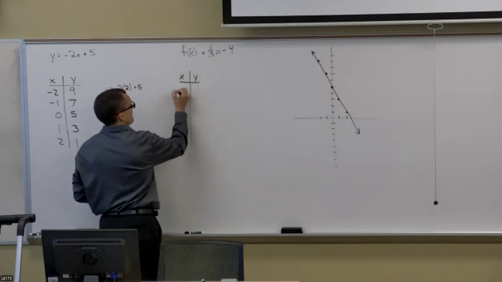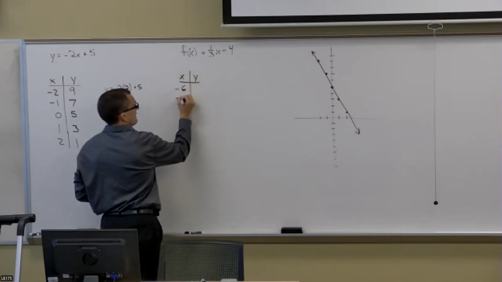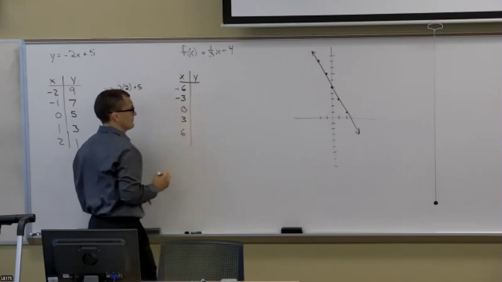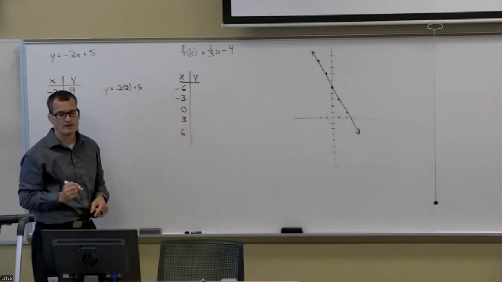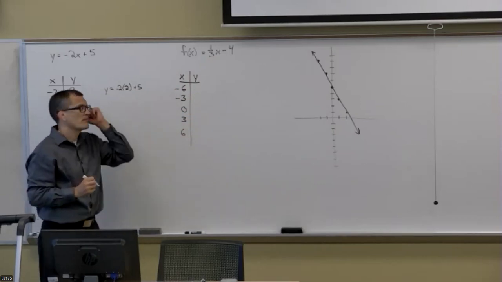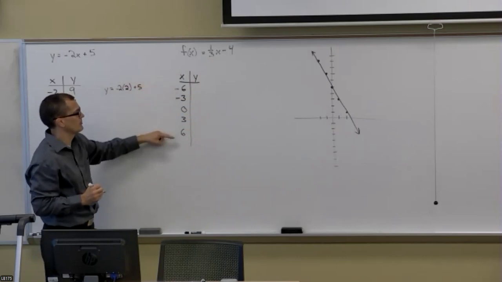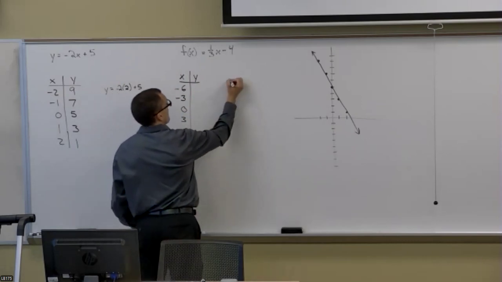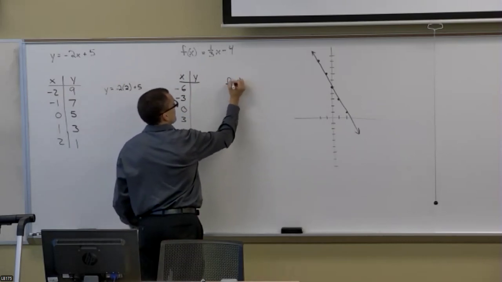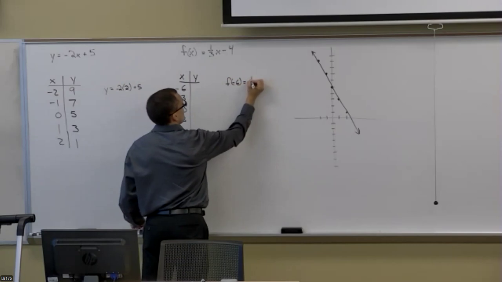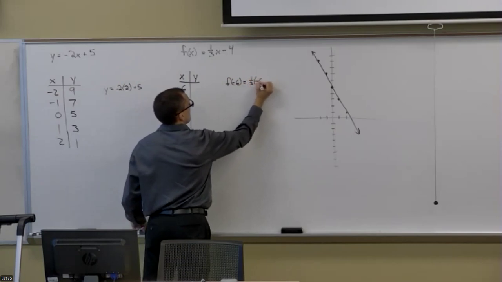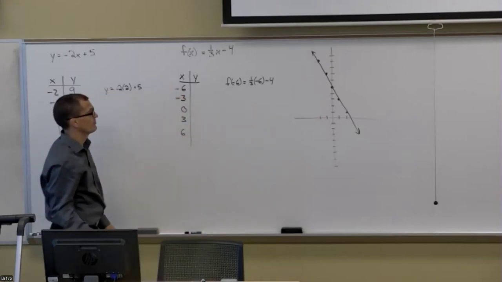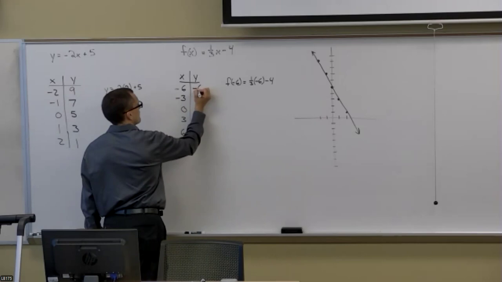So I might plug in something like -6 and -3 and 0 and 3 and +6. That way, since I'm plugging in all multiples of 3, my denominator goes away. But if I plug in -6, I get 1/3 times -6 minus 4. -2 minus 4 is -6.